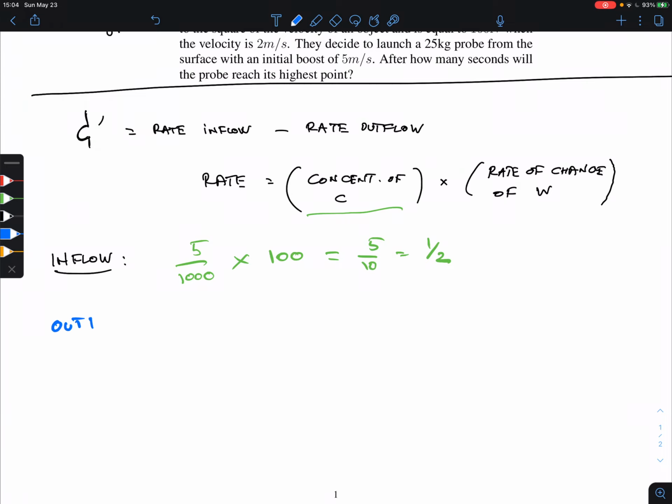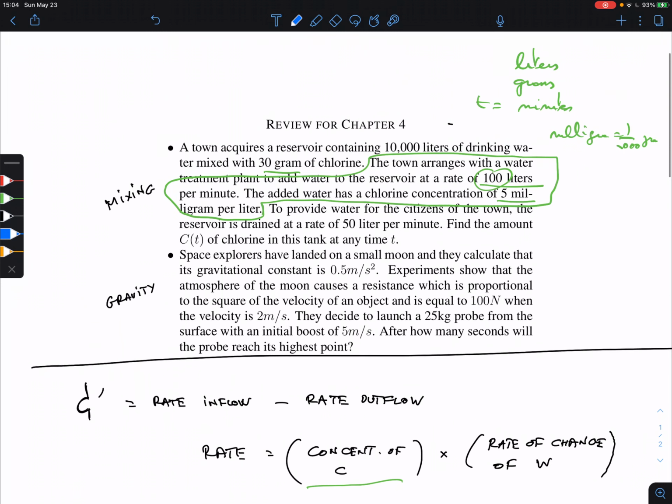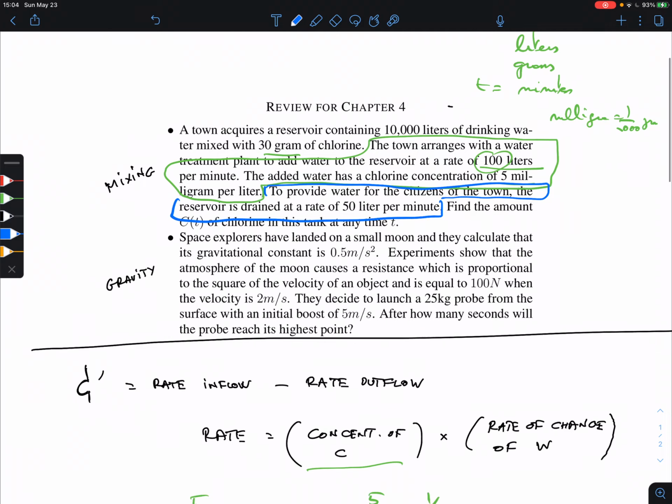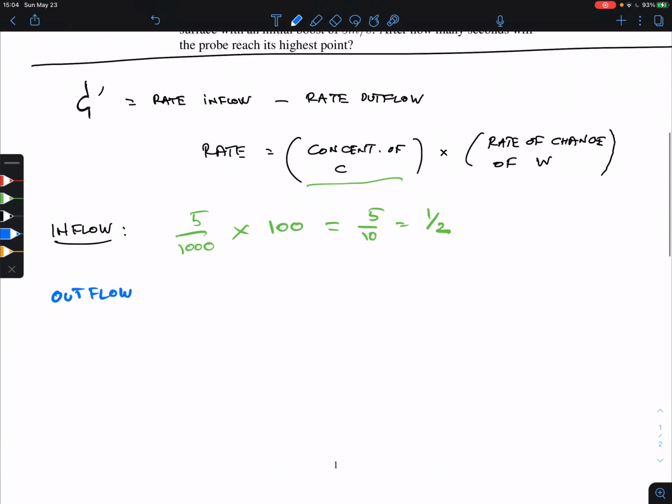Let's do that in blue. Where is that information? That's the next thing, right? This is about what they say here, the water that they take out. There we see that it is the water from the tank. So what we need to know is the concentration of chlorine in the tank. Well, that will be how much chlorine there is in the tank divided by how much water there is.